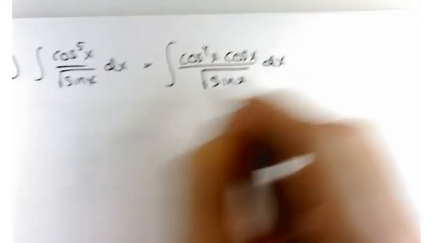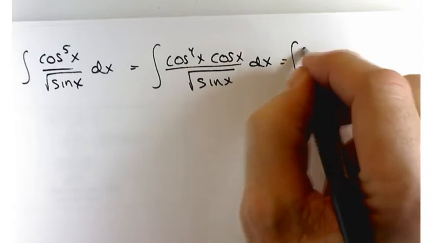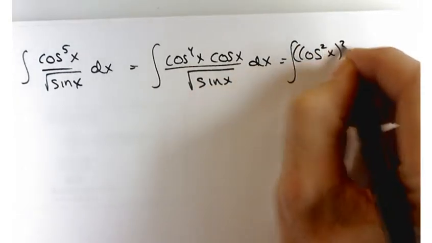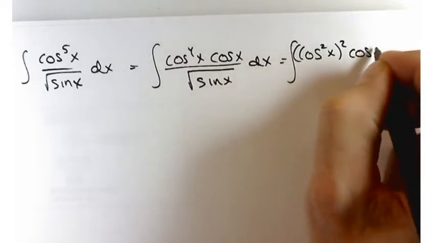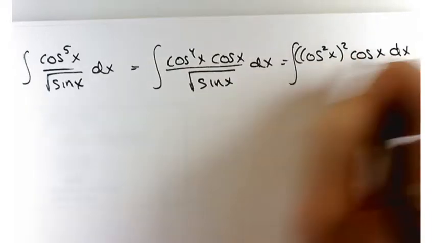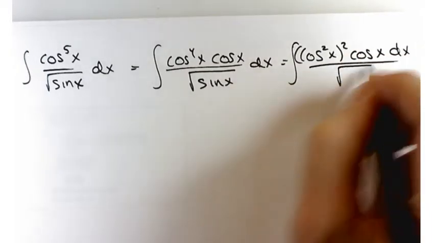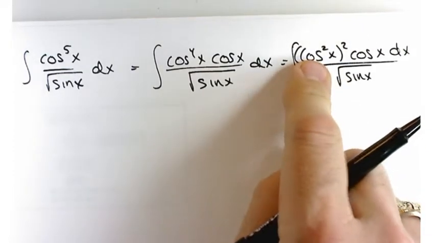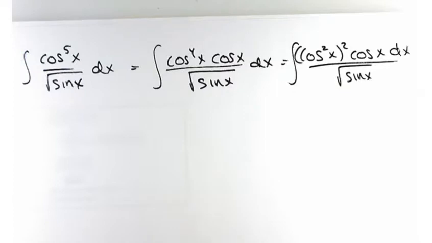So what we'll do is we'll think of this as cosine squared of x, squared again, times cosine of x dx over the square root of sine of x. But now I can get rid of the cosine squared with a 1 minus sine squared.